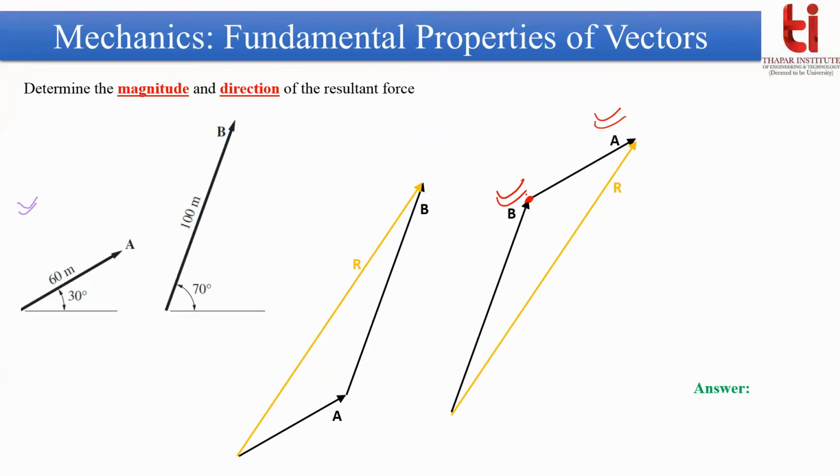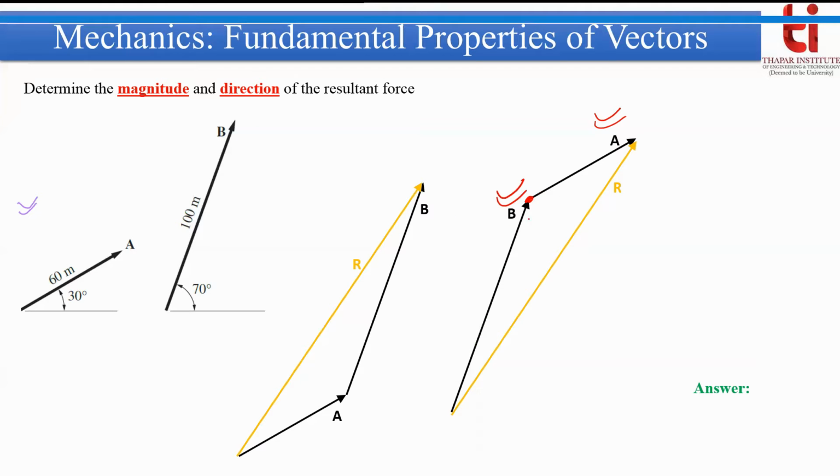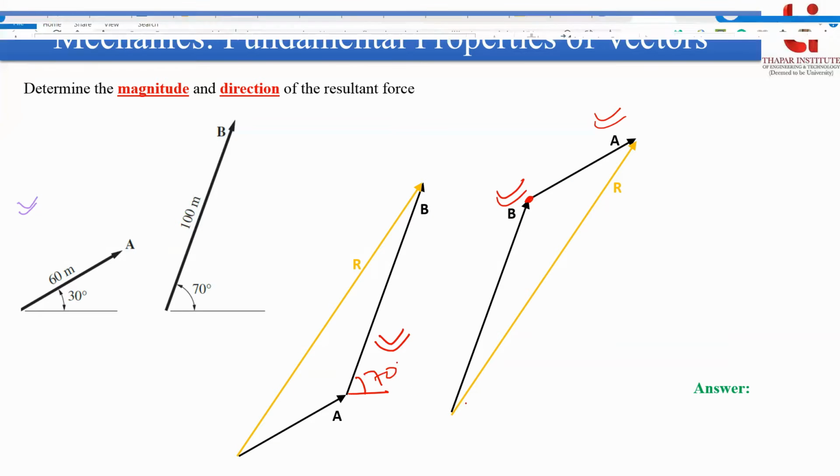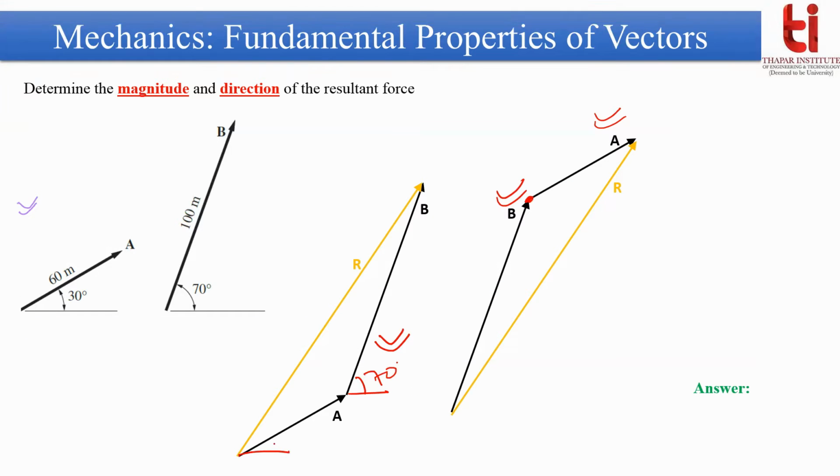Here it is very important to understand that I have not changed the angles of any vectors, either A or B. If I'm drawing this triangle, then also I have taken this angle as 70 degrees, and this angle of vector A as 30 degrees. And in this triangle also I am taking this angle as 70 degrees and this angle as 30 degrees.